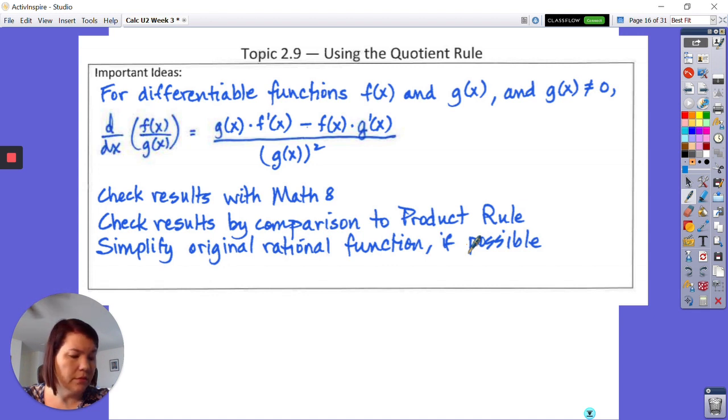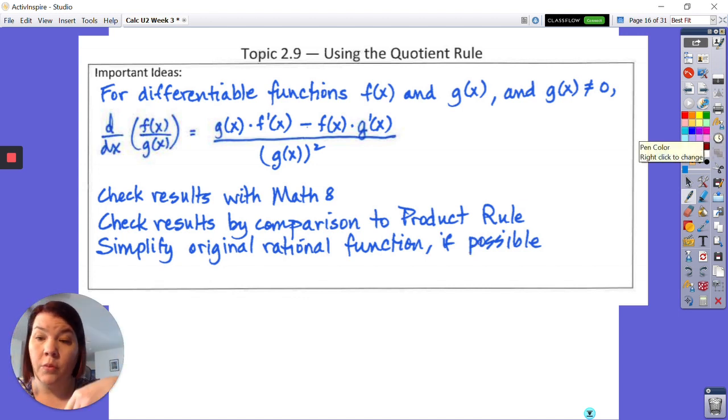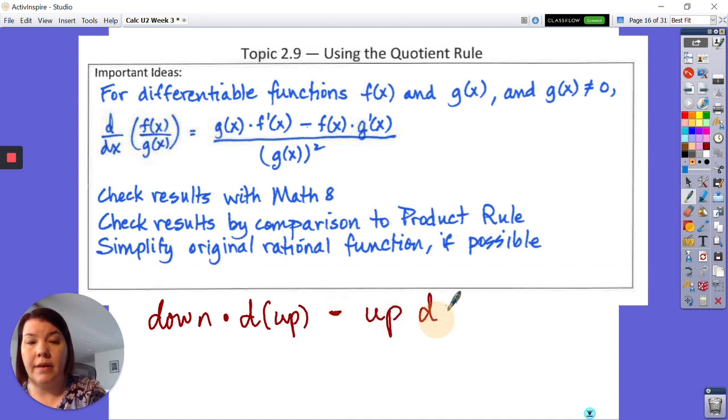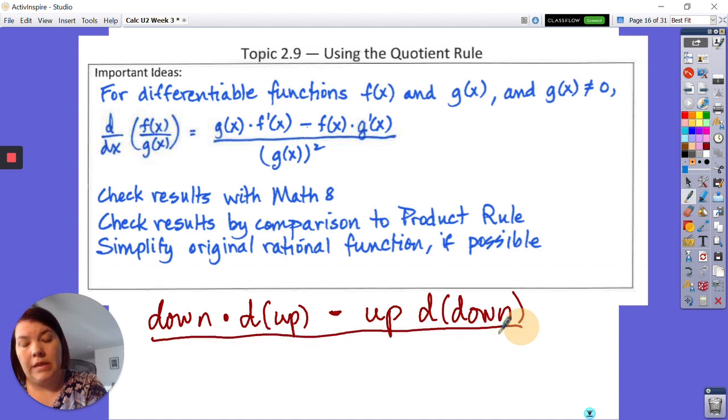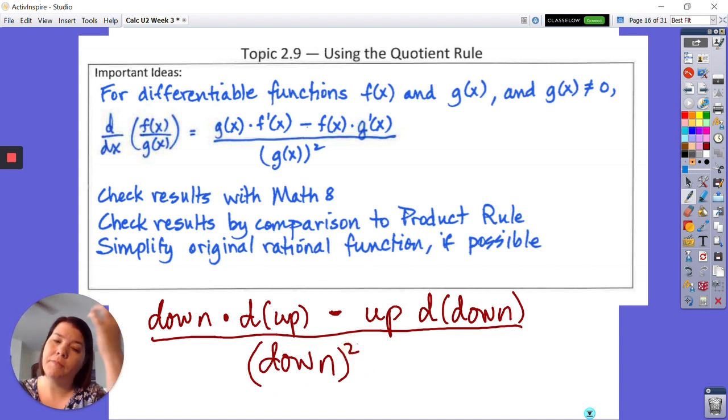All right. So I'm going to write down the way that I learned how to remember this when I was in high school. Down, d up, minus up, d down, all over down squared. So you may hear me kind of mumbling that under my breath.